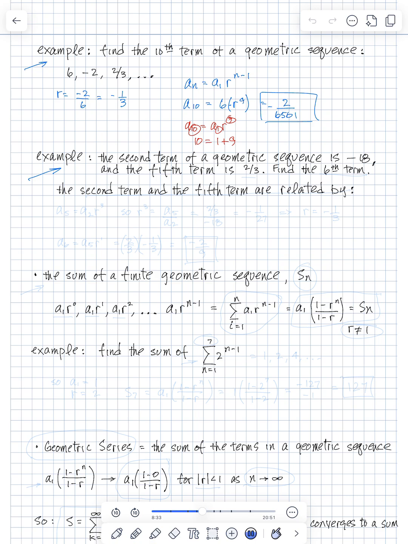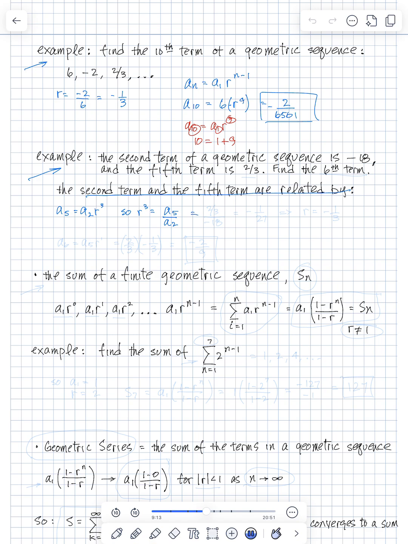The second and the fifth term are related by the formula. We can say a5 is equal to a2 r, and this has to be cubed so that 2 plus 3 is equal to 5. So solve this for r cubed. So r cubed is equal to a5 over a2.